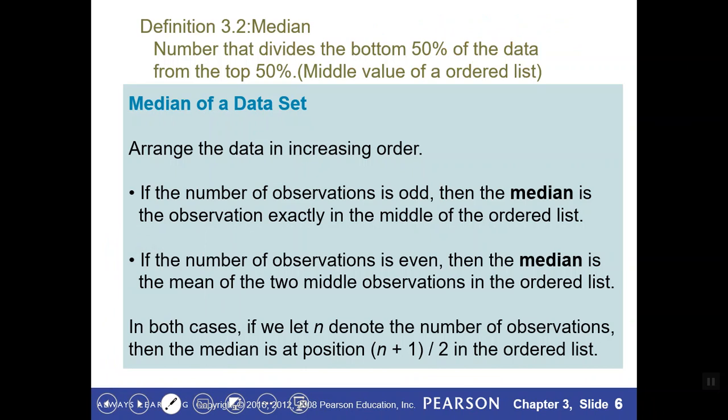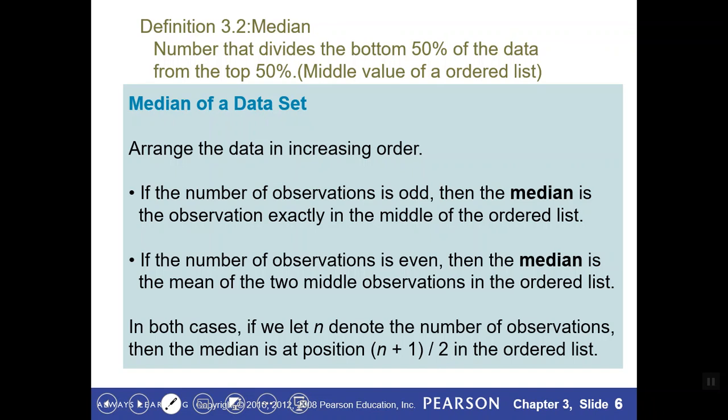Next one. In central tendency, we have 3 things: mean, median and mode. The second one is median. Median means the number that divides the bottom 50% of the data from the top 50%, which means the middle value of the ordered list.